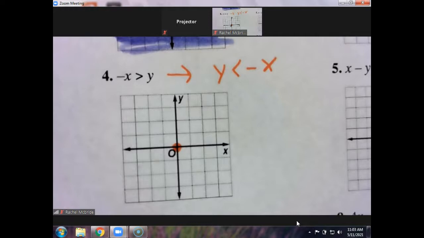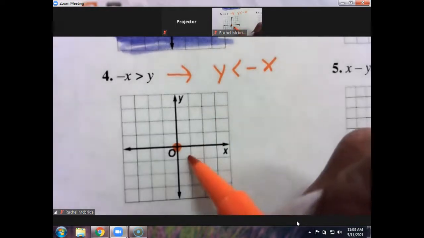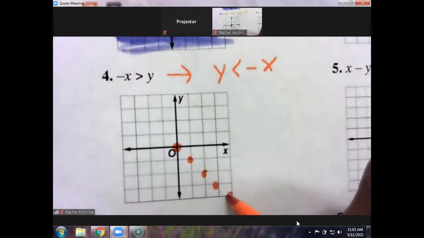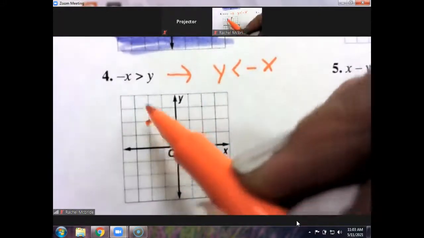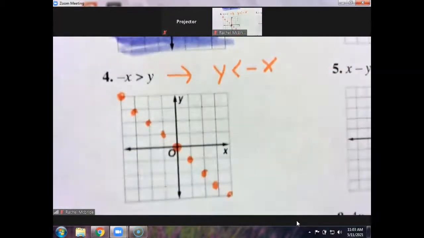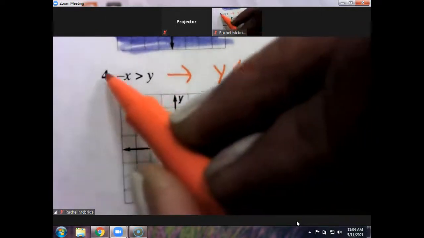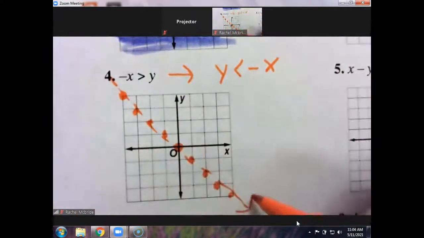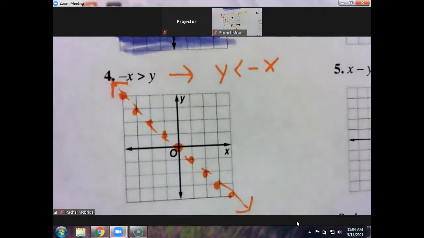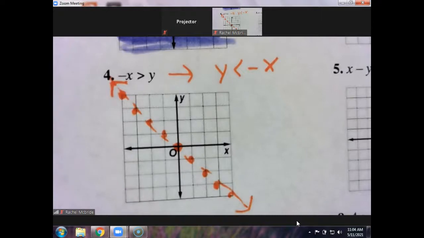Okay, don't lose your negative though, so it'd be negative 1, 1. So my line's going down. Okay, Logan, solid or dashed? Very good. Okay, Abby, above or below? Very good.